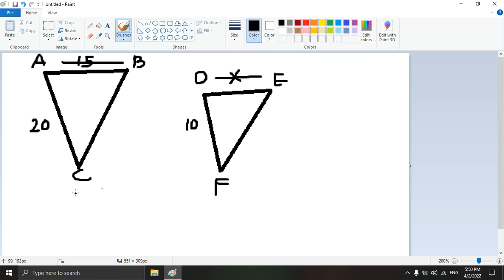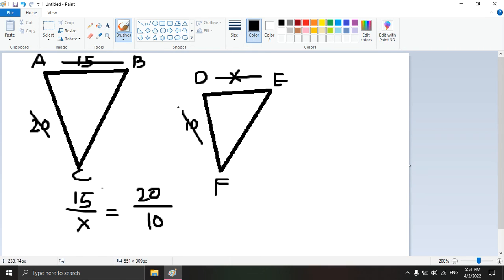So 15 all over x equals, so if the pattern on the left side is the pattern on the right side, the sides of the first triangle, so the side of the first triangle, which is 20, then all over 10.